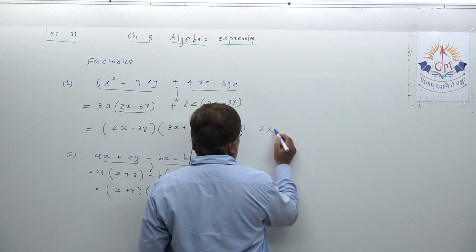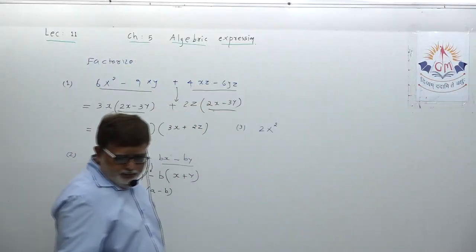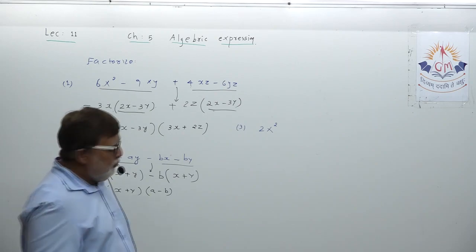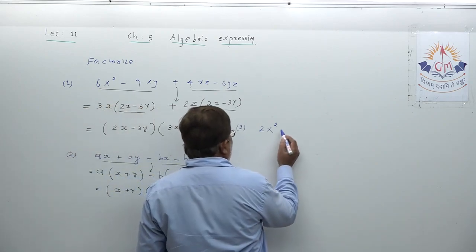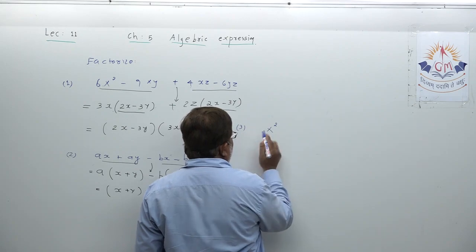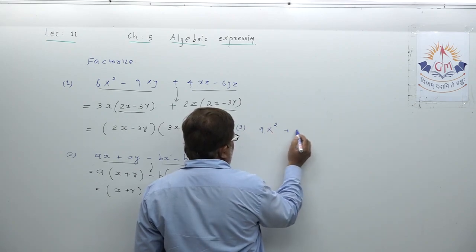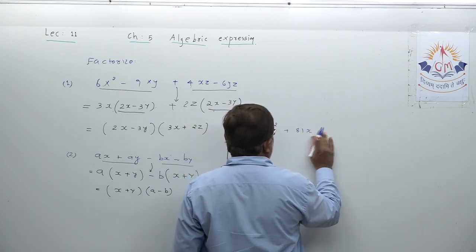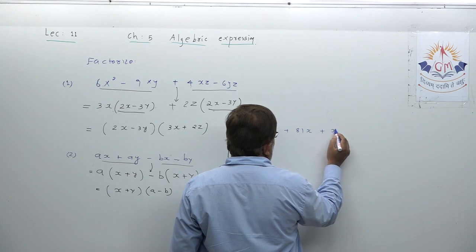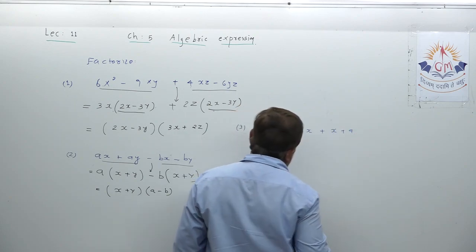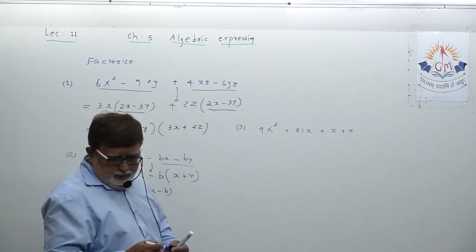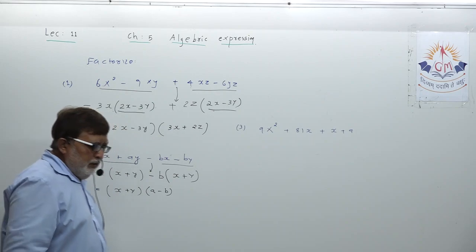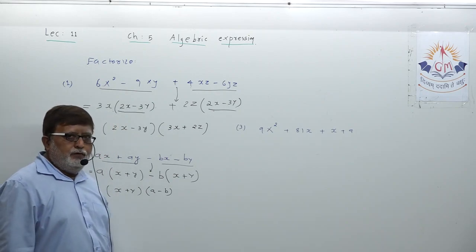Two x square, or let me change a little bit. Okay. Let me change it. 9x square plus 81x plus x plus 9. Suppose such example is given to you and you are asked to factorize it.